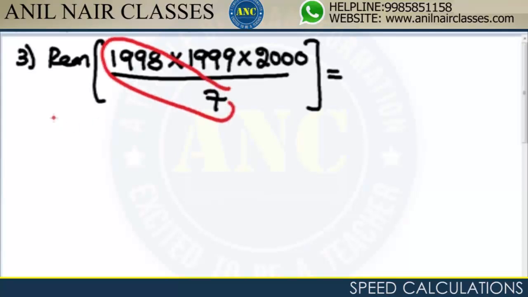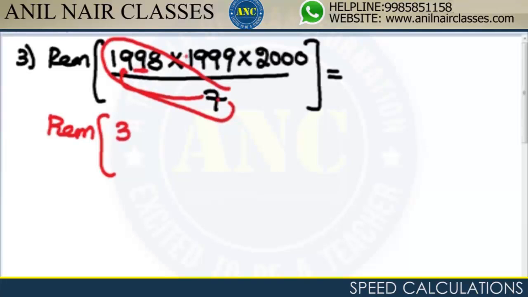If I do individually, 7 2s are 14, 59, 7 8s are 56, 38, 7 5s are 35, remainder is 3.